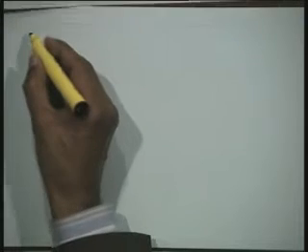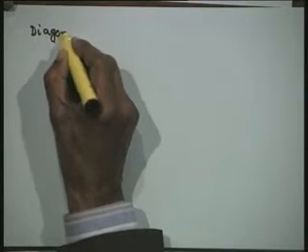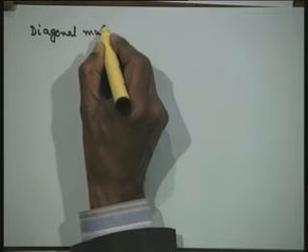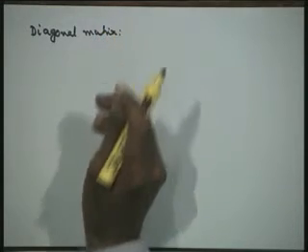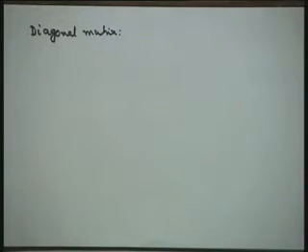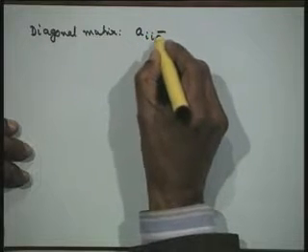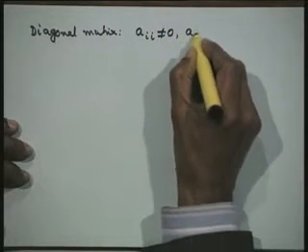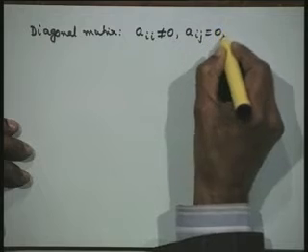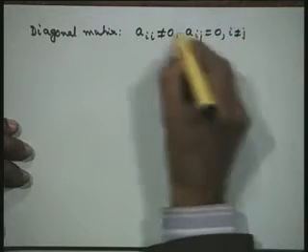Then we define a diagonal matrix. This is a matrix in which only diagonal elements are existing and the off diagonal elements are all zeros. So it means that Aii is not equal to 0 and Aij is equal to 0 for all i not equal to j.